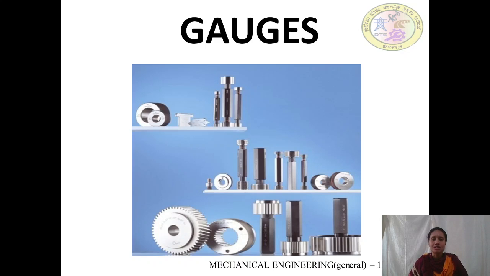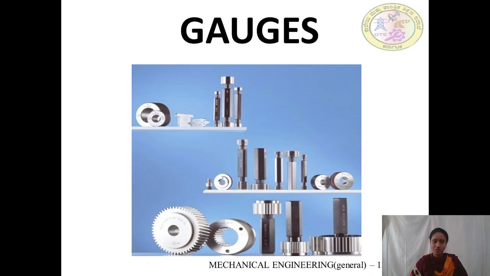So this saves time. During checking, you insert the progressive plug gauge inside the hole. If the hole is manufactured within the specified limits, the go end should go inside the hole and the no go end should not go inside the hole.